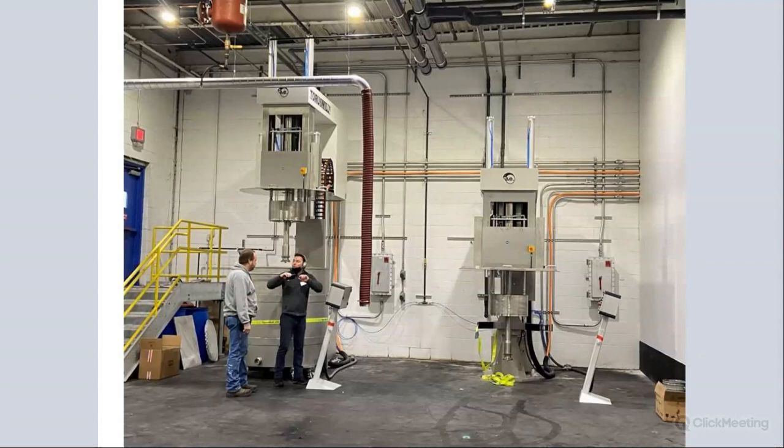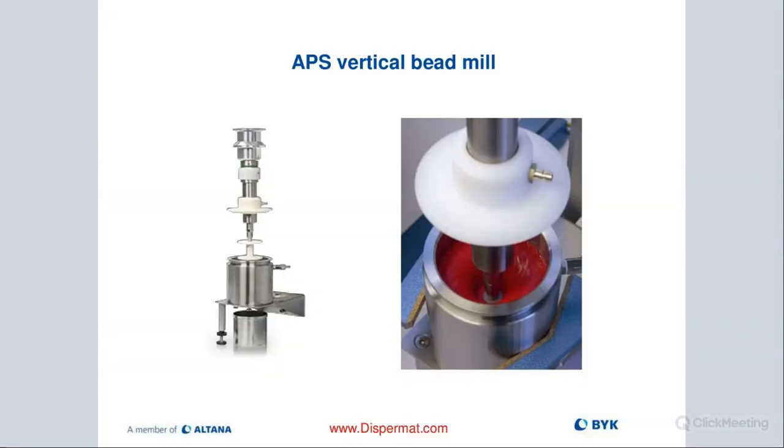You push a button on the control panel, and the basket that you can see comes down, and now you're milling. The dissolver discs are behind the gentleman in the gray. They haven't been installed yet, but basically this is a 2-in-1 system that is really, really awesome if I have limited space and I want to do everything on one machine. So that capability doesn't exist only in the lab space. We have that also in production.